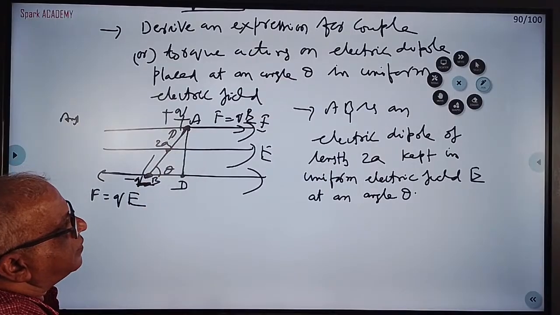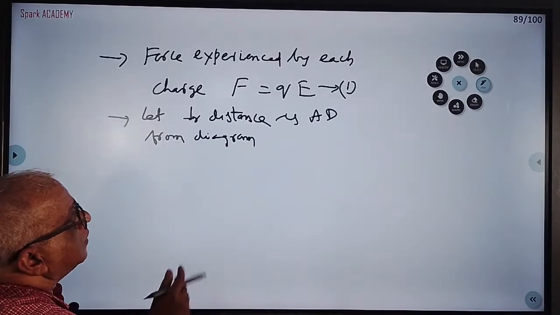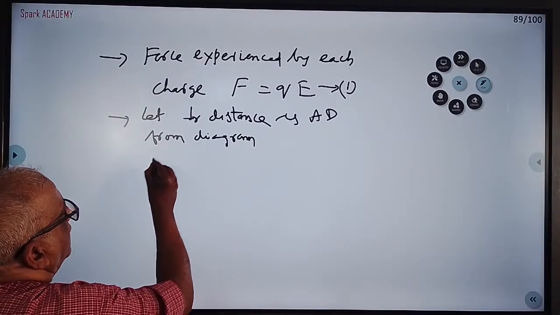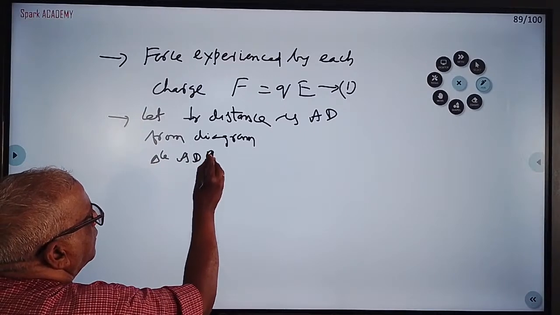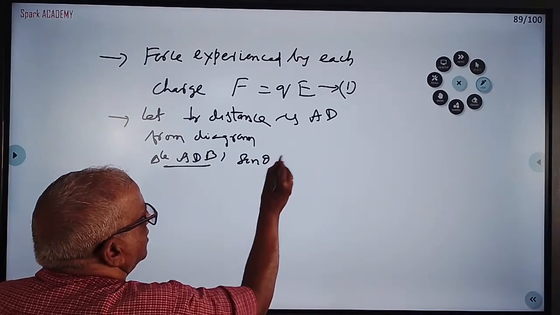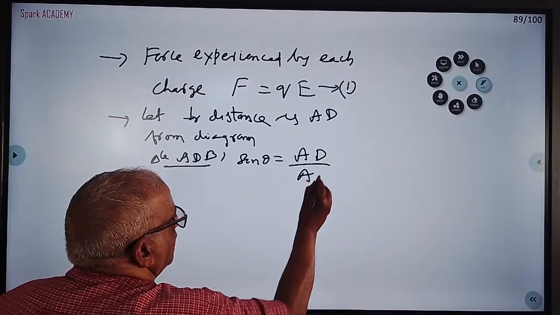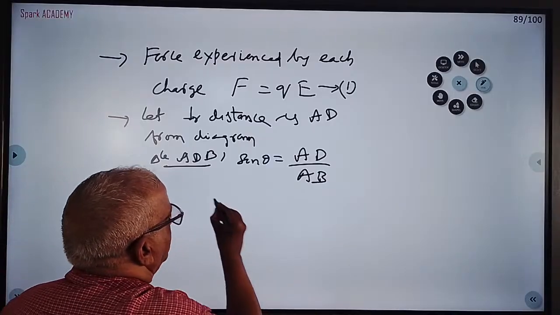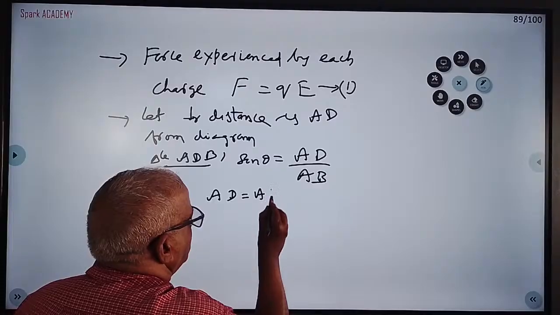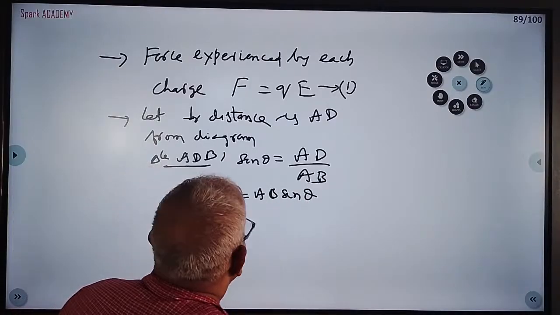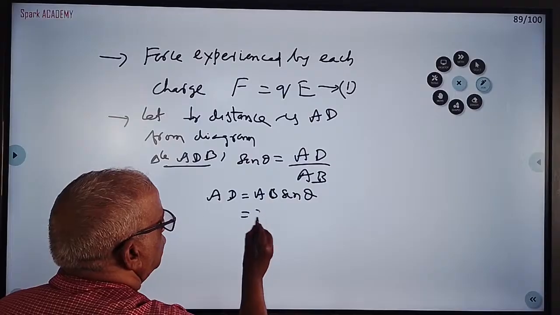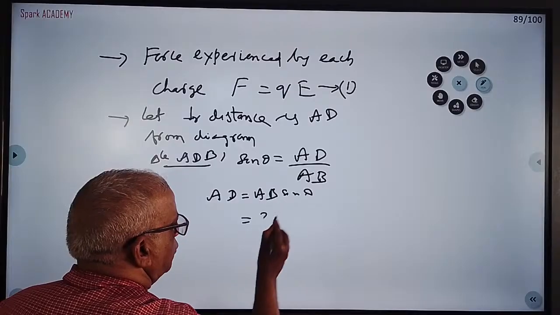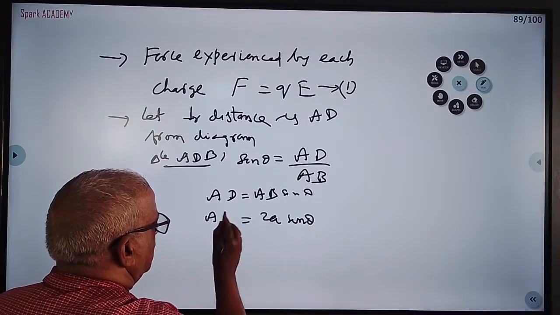AB is 2a, the length of the dipole. So AD is AB sin theta, which is 2a sin theta. This is called the perpendicular distance.